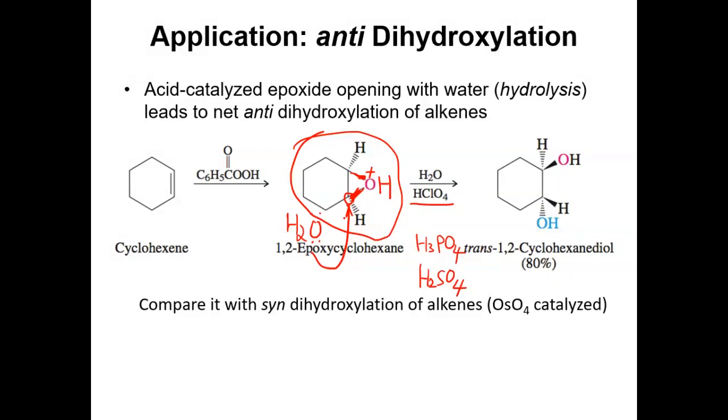So the water will be attacking one of the two ring carbons from the direction below the ring. And when the attack happens, configuration inversion happens at this carbon, but no configuration inversion happens on the carbon that's not attacked.